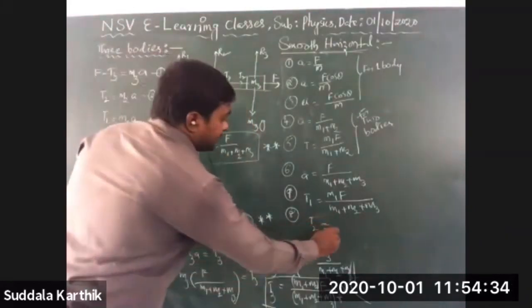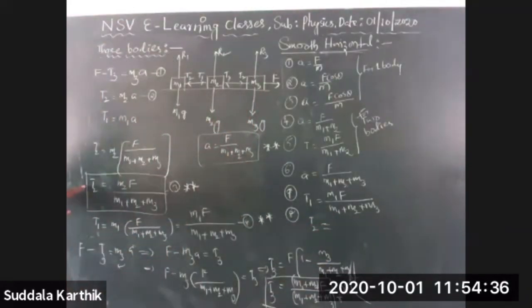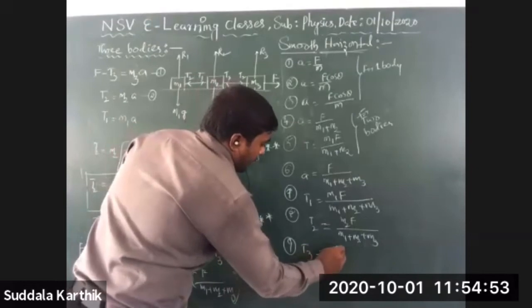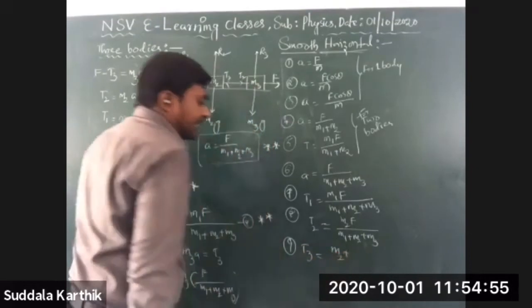T2 is equal to m2 F by m1 plus m2 plus m3. T3 is how much? M1 plus M2, into capital F by m1 plus m2 plus m3.